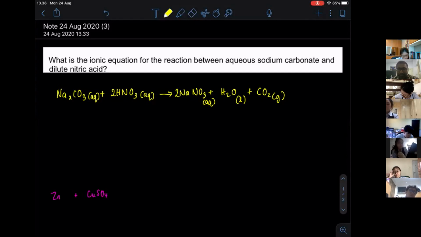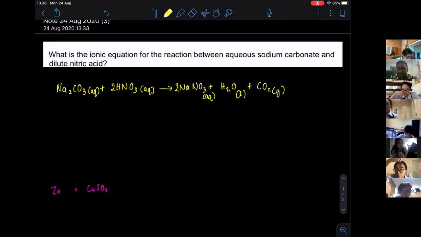For example, later I'll show you one example like zinc. They don't actually change into ion, it's just zinc. But what happens if you are talking about a precipitate? For example, silver chloride. Later I'll give you some examples on this. So the precipitate, they do not actually change when you add water because they are insoluble. So they don't actually form any kind of ions.